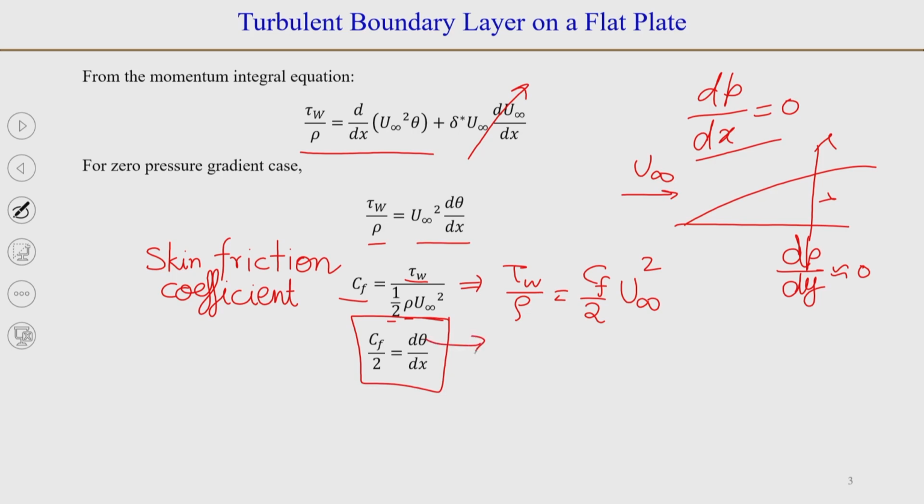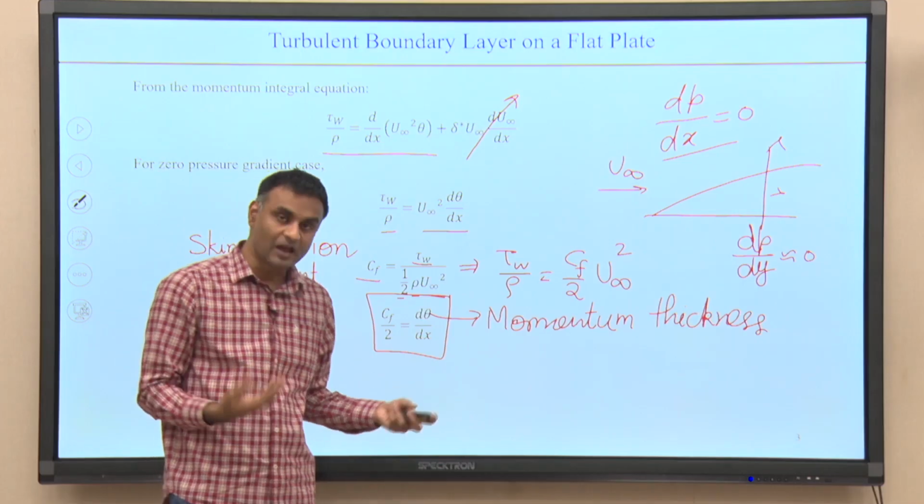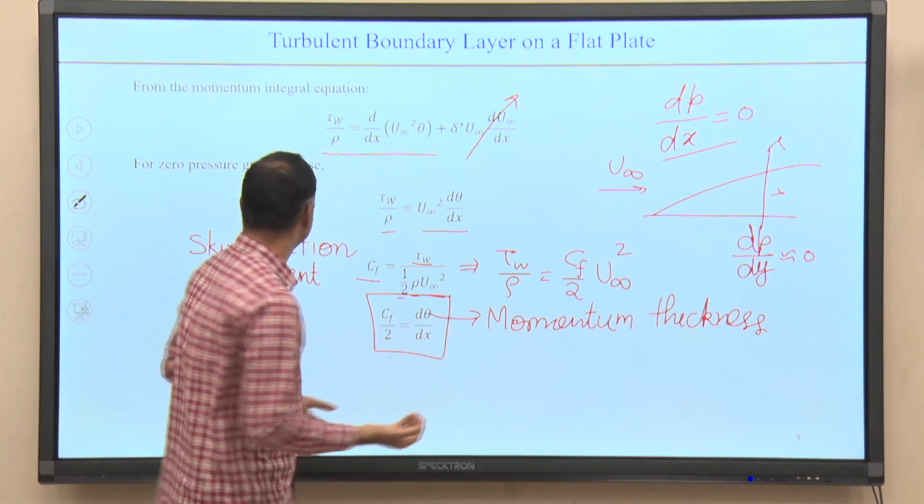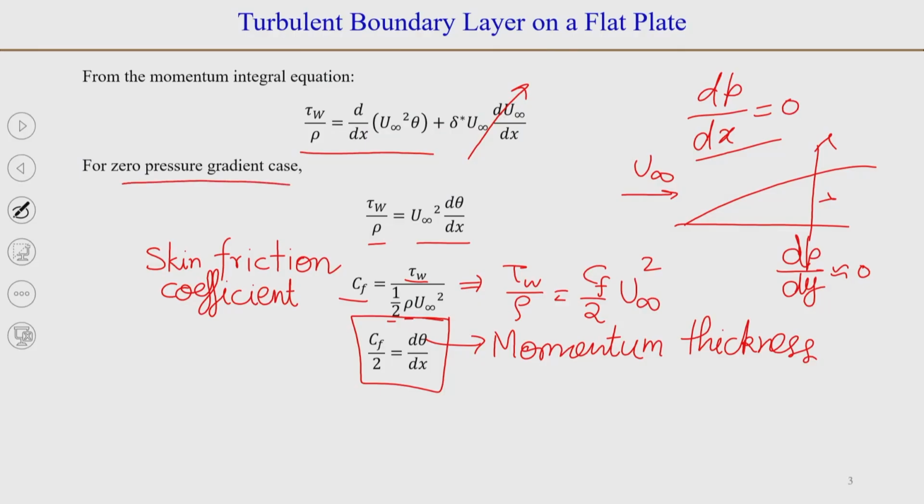Remember that this theta is momentum thickness. So, this form of momentum integral equation is valid for laminar as well as turbulent flow. The only assumption here is that the pressure gradient is 0.